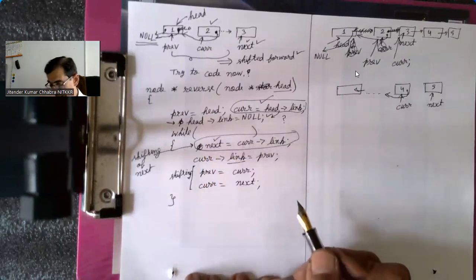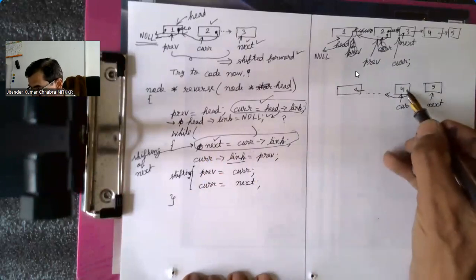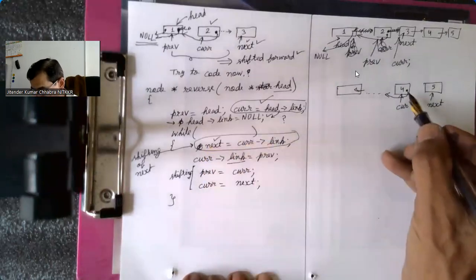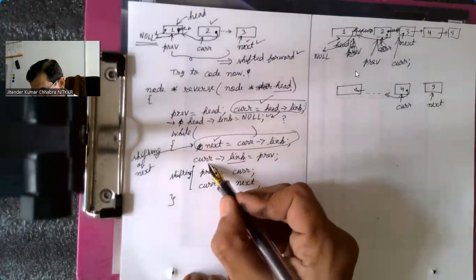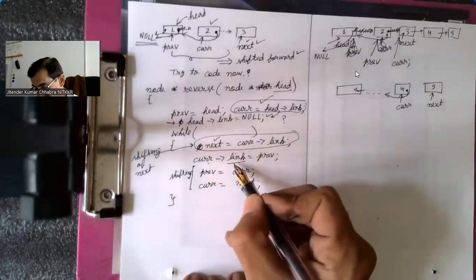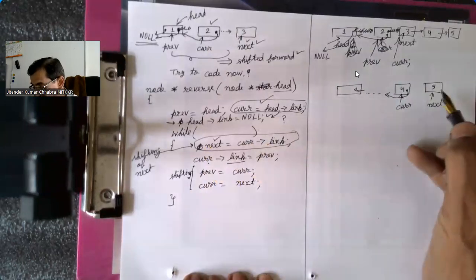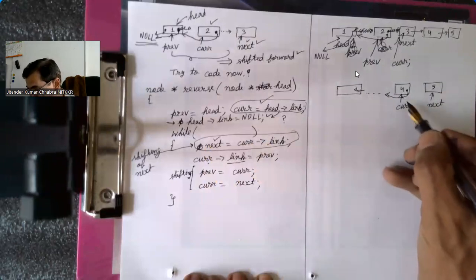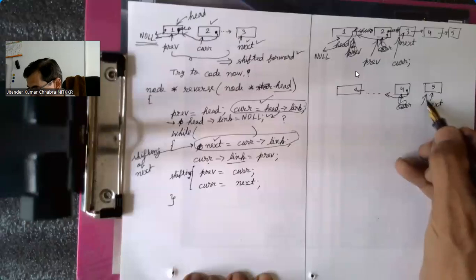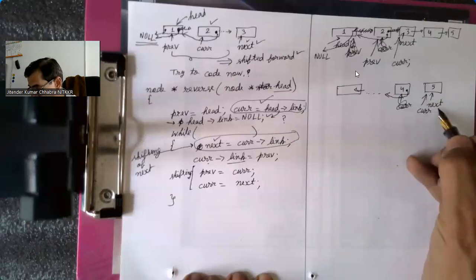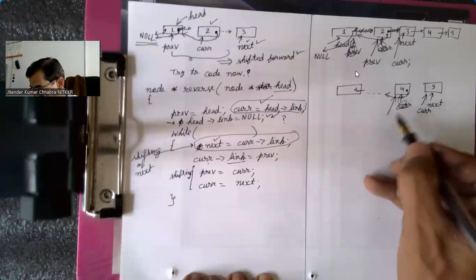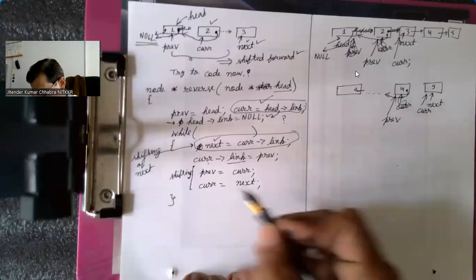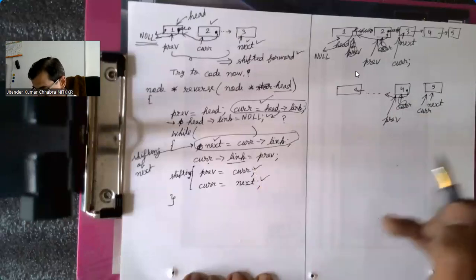I can improve that further by simply asking what the condition should be. Whenever I am inside the loop, current's link gets updated. So as long as the current node's link is not updated, I have to repeat. Later, my current shifts here. For the time being, next is also here. Previous has shifted here: previous current, current next.